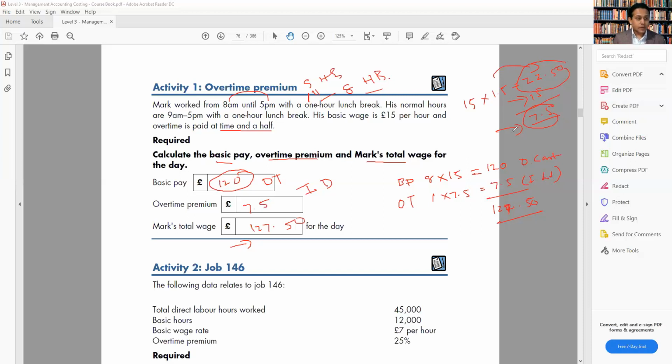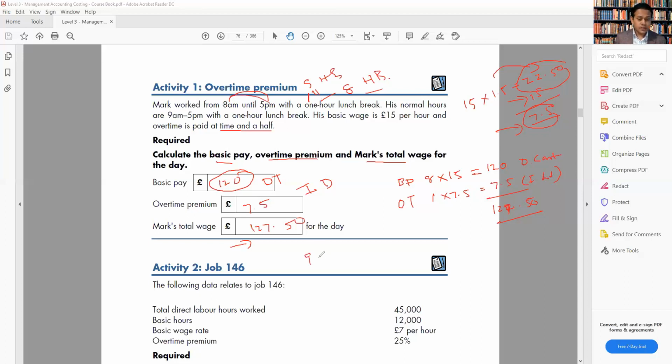Is anyone still confused? Normal hours are 9 to 5, yes. So 8 to 5 is 9 hours, 1 hour is a break. So how many hours are left? 8 hours, isn't it? So Sharon, 8 to 5 is 9 hours.